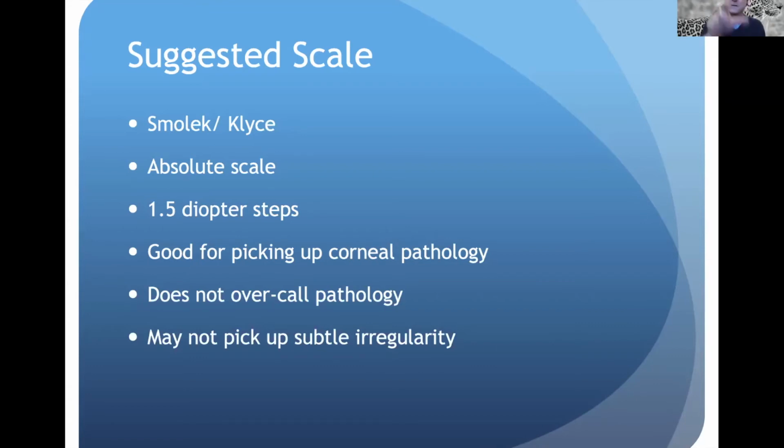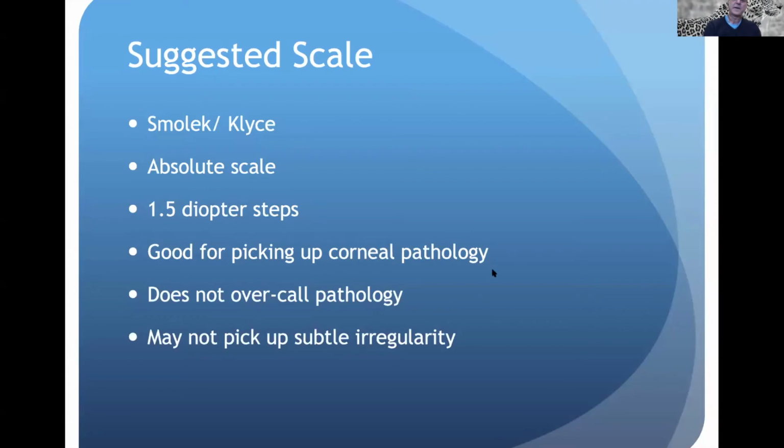Or sometimes they'll show you the same patient, and in one view it'll have one scale, in the second view a different scale, the third view a third scale. So what I suggest is listen to what Dr. Kleiss has suggested, which is the Smolek-Klyce scale. Just to review, it's absolute 1.5 diopter steps.